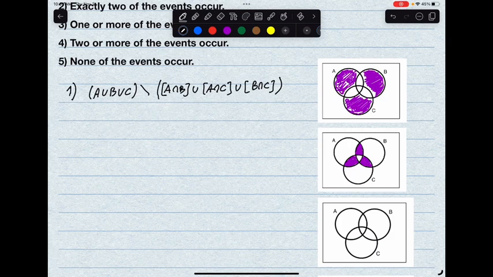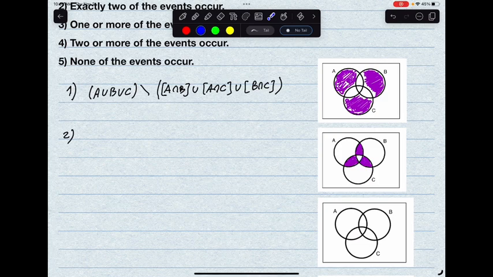Or for part two, we find the union of the intersection of A and B, intersection of B and C, intersection of A and C, find the union of these three, and then remove the intersection of all the three.